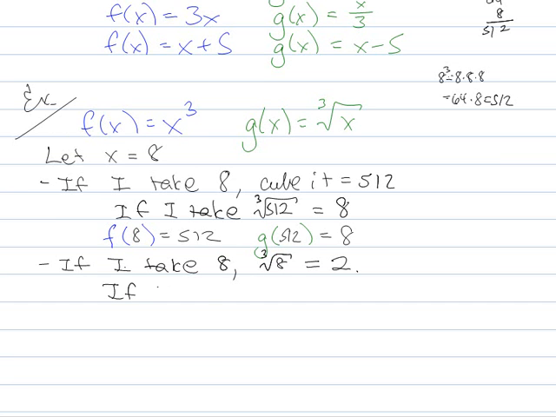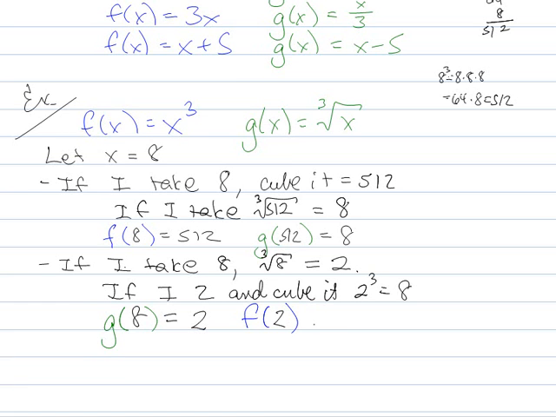And then if I take 2 and cube it, I get 2 cubed, which is what? 8. So this is another way to say it: g of 8 is equal to 2, and then f of 2 is equal to 8. So you see kind of what we did?